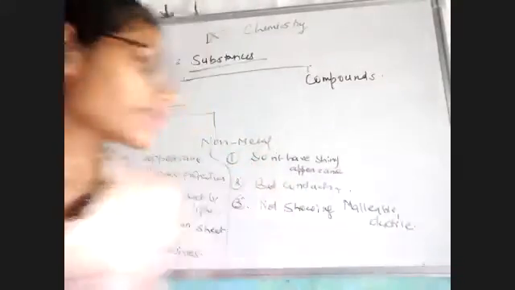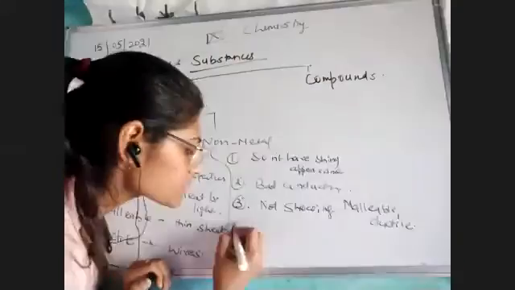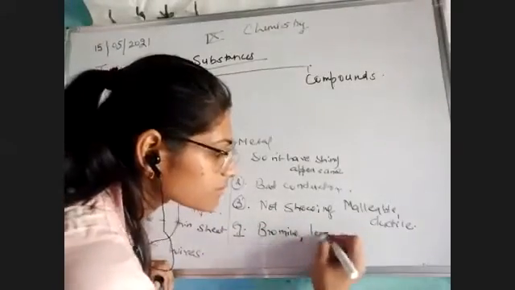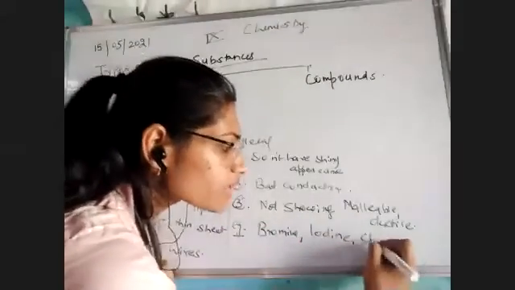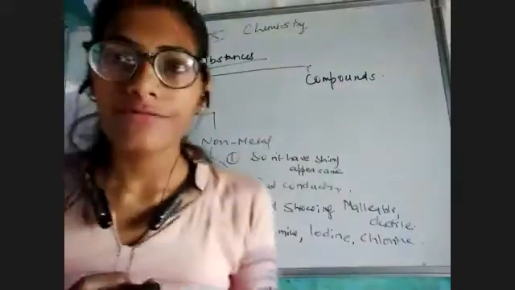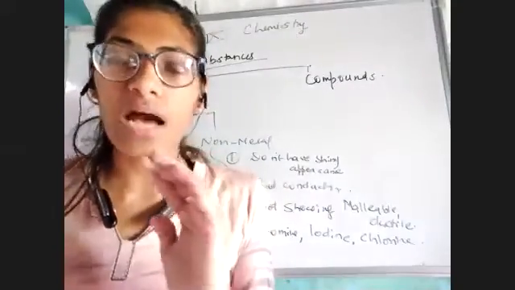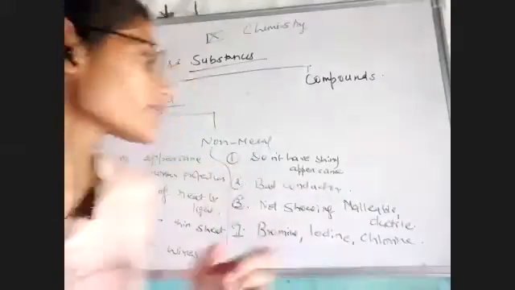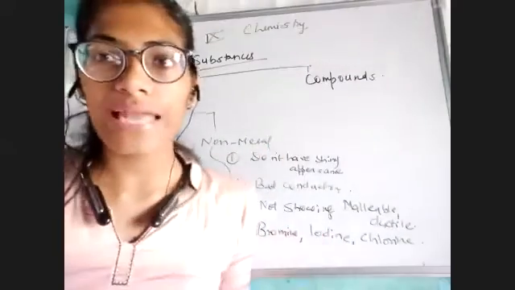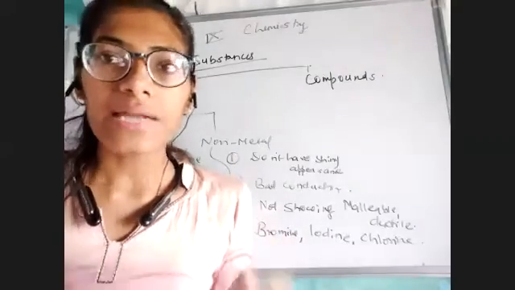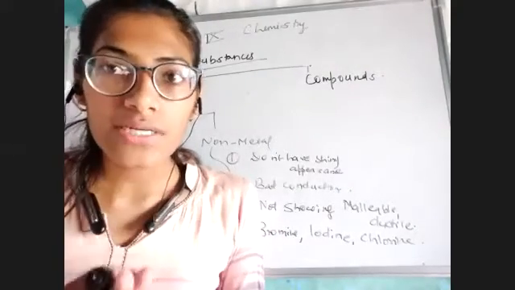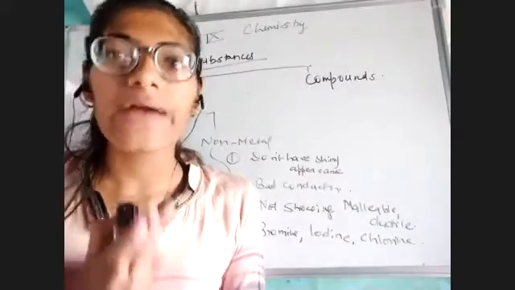Okay, now if I want to exemplify it, I would say bromine, iodine, and chlorine, and many more. But I have told you that exceptions are everywhere. If I want to further elaborate about non-metals, I must say that there are some exceptions which are good conductors of light, and also have a shiny appearance.